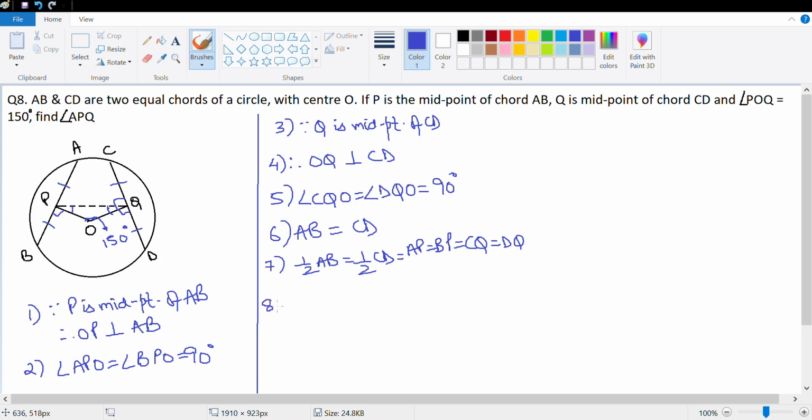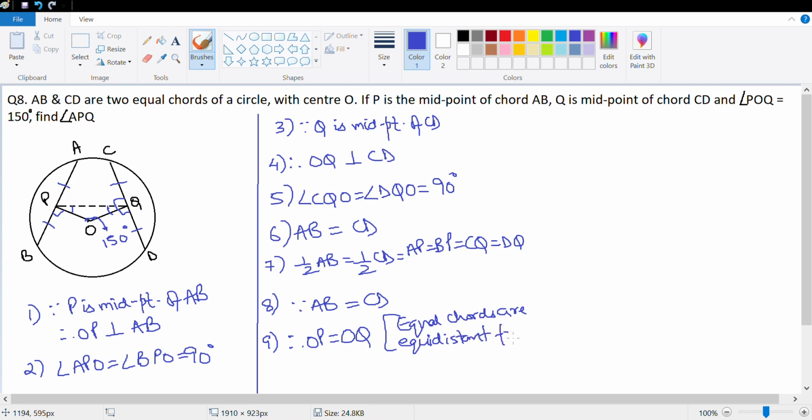Okay. Since these two are equal chords, which means that their distance from the center of the circle is also equal. So since AB is equal to CD, therefore OP is equal to OQ, which means equal chords are equidistant from center.